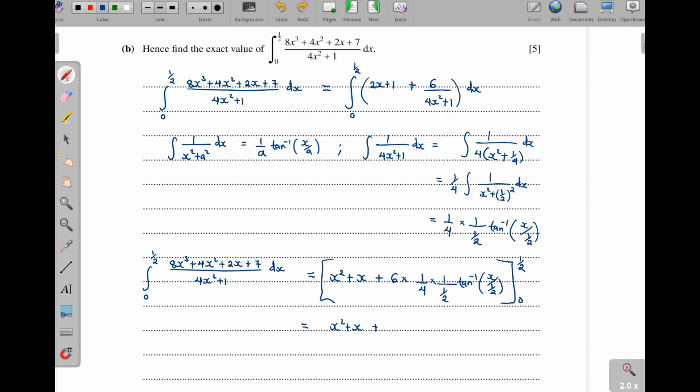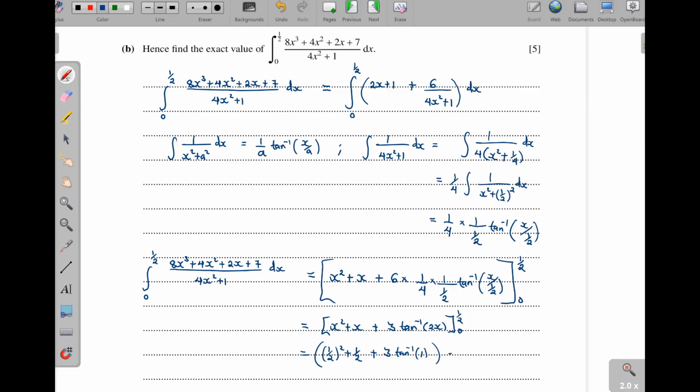So we shall get a 3 here, and then the arctan of, automatically inside here we shall have a 2x. Then put your limits here. So we shall have a half squared, then plus a half, then plus 3, then the arctan of, when we put a half, that will be a 1, not so?